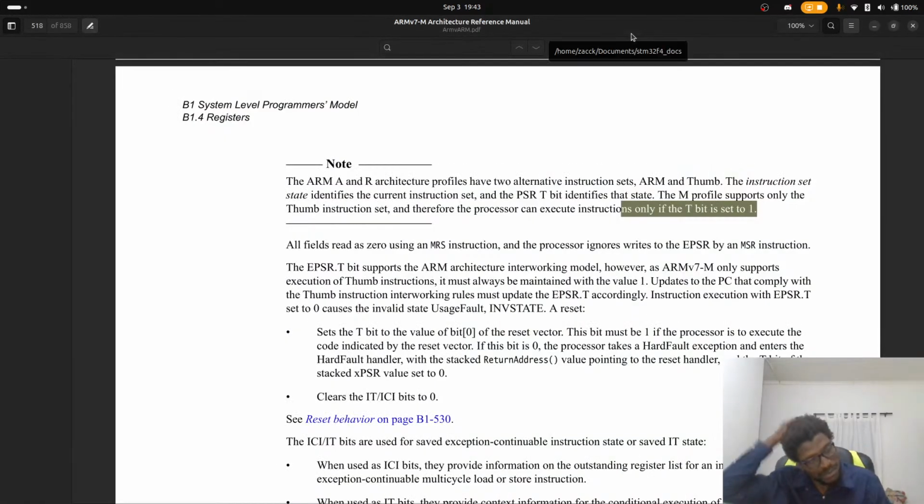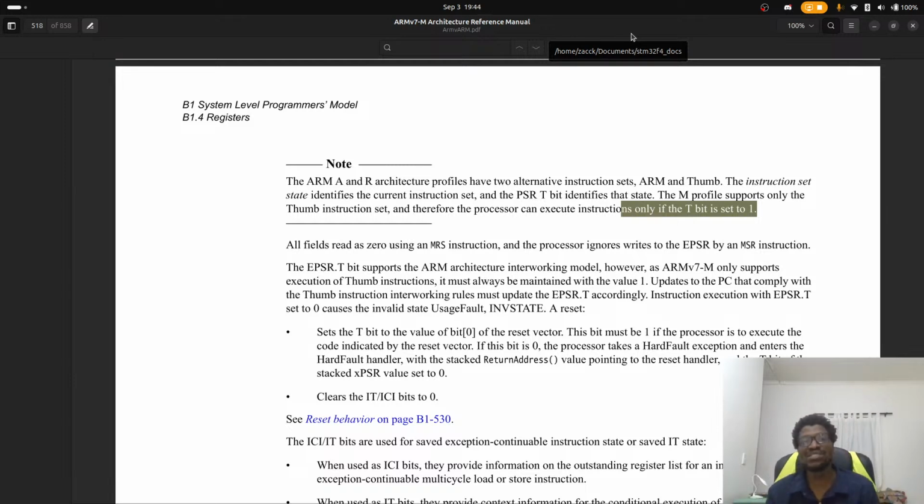Make sense? You're doing a move, the pointer to the move is going to be in the PC. So updates to the PC that comply with the thumb instruction and interworking rules must update the EPSR.T accordingly. Instruction execution with the EPSR.T set to 0 causes the invalid state usage fault. In state, a reset. Okay?